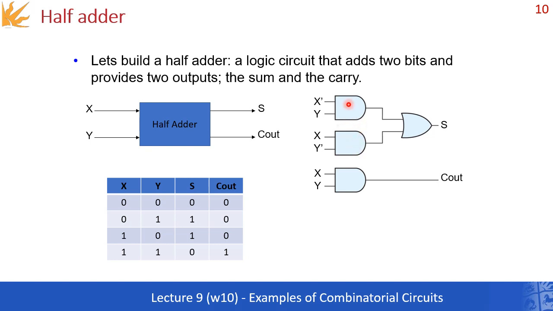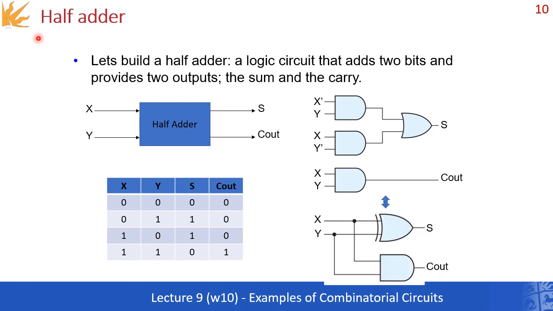Now, take a moment to notice how this works. While it is obvious that an AND gate is needed here for the carry out, in case both x and y are equal to 1, you can see that x dash and y on the one hand, and x and y dash, both of them passed through an OR, is actually a XOR gate.